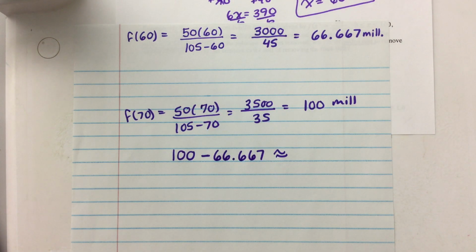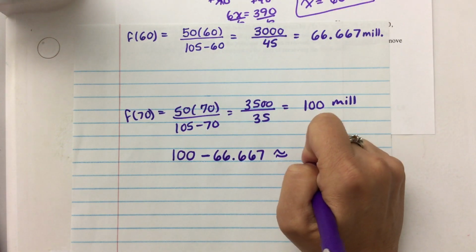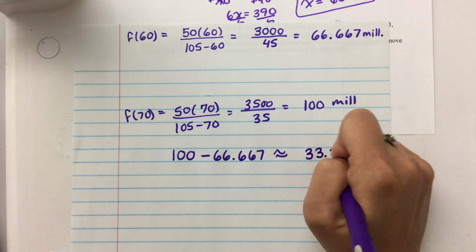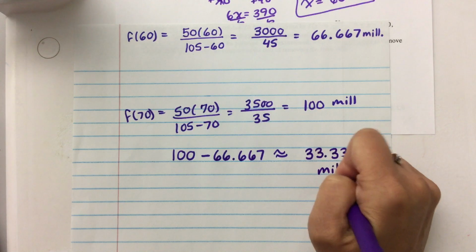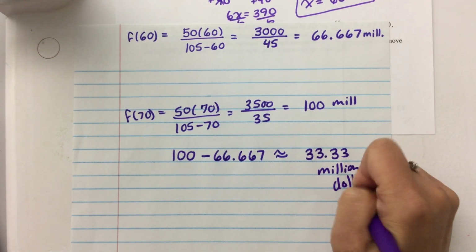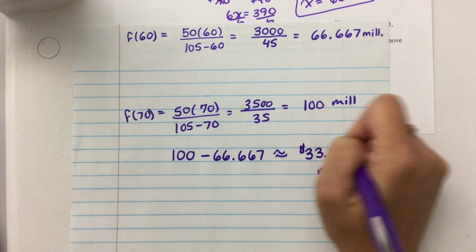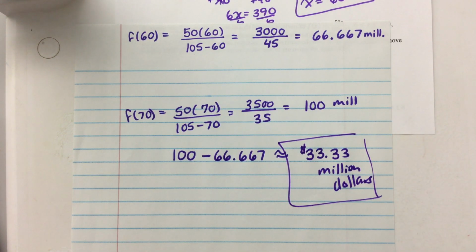So 100 minus 66.667, it would be approximately an additional $33.33 million. So at that point, they need to look and say, okay, we've already removed 60% of the pollutant. It's going to cost us another $33.33 million if we want to remove 70%.